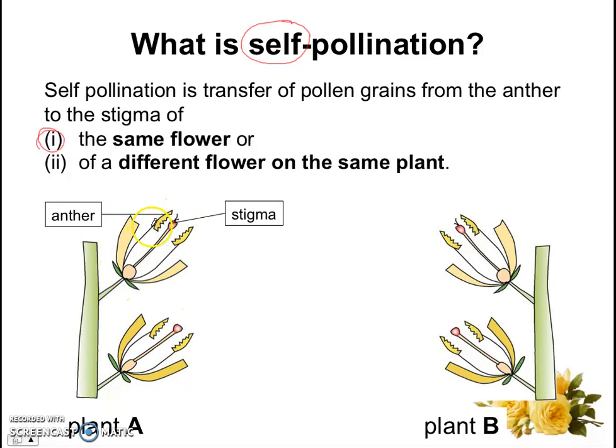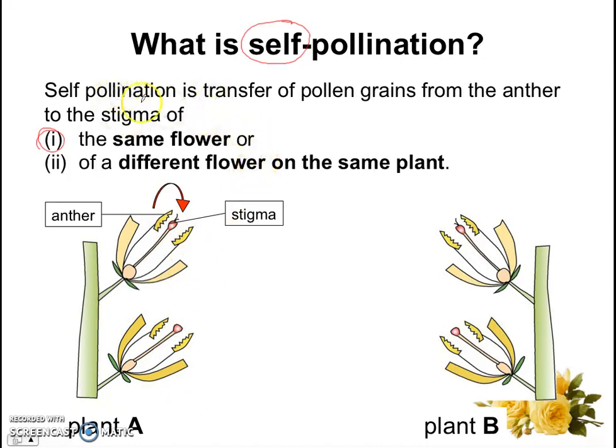Here are the anthers where the pollen is produced, here's the stigma. Self-pollination happens when the pollen from this anther is transferred to the stigma of the same flower. So this flower is self-pollinating, it's pollinating itself. So that's the first example of self-pollination.